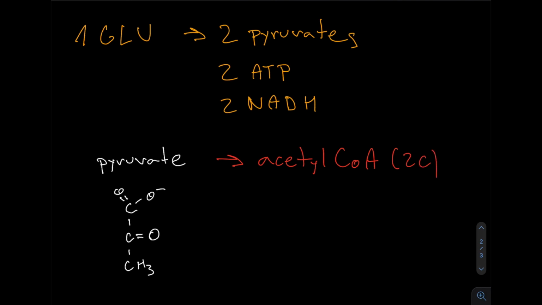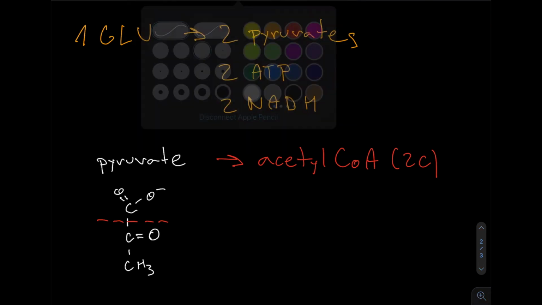So logically we have to lose one carbon in here. So this molecule at the top is very familiar to us, and it's basically cut away and it creates a molecule of carbon dioxide.